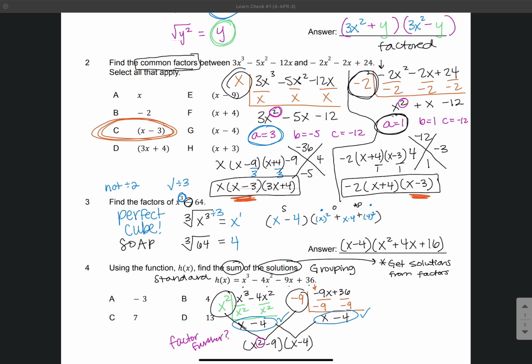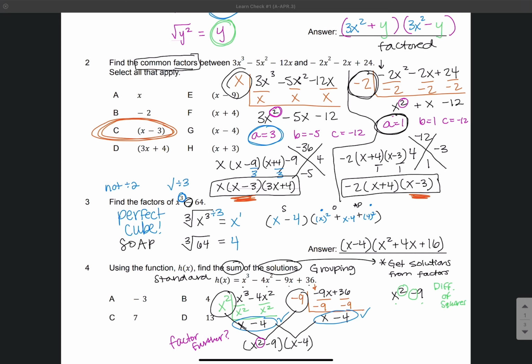So let's literally take x squared minus 9. Well, let's look at it. We've got a square here. It's a binomial, and we have a negative sign. So I think this is difference of squares.